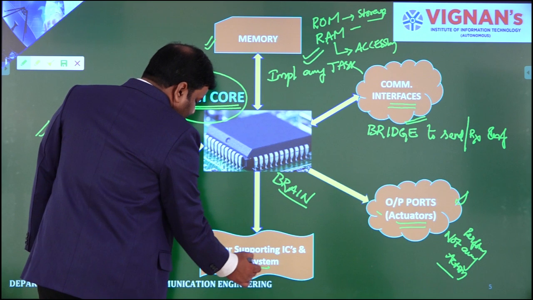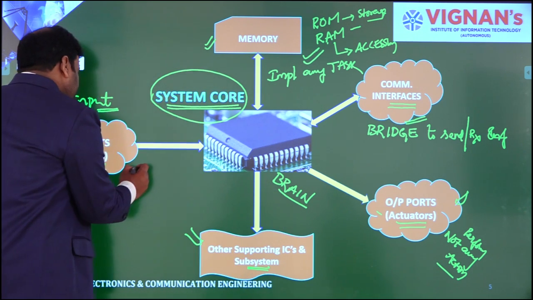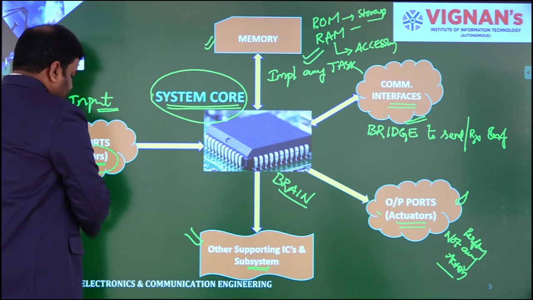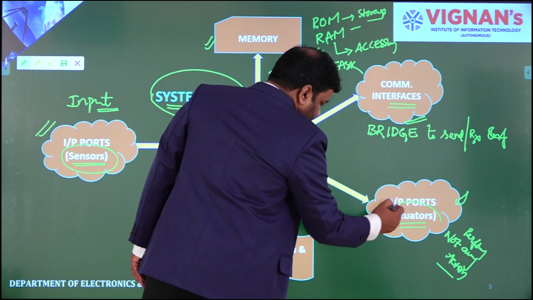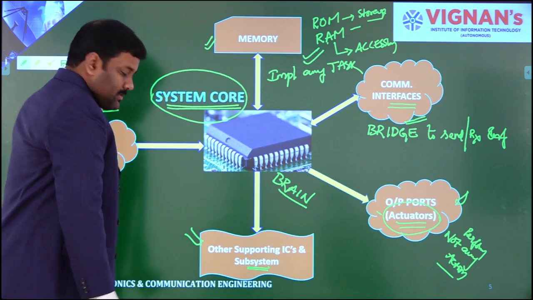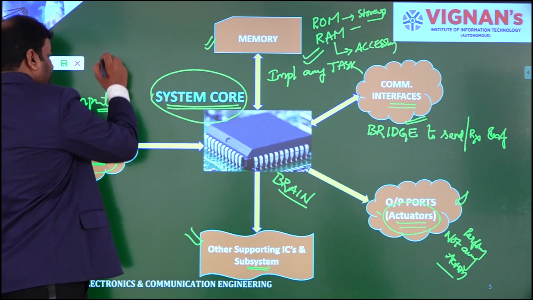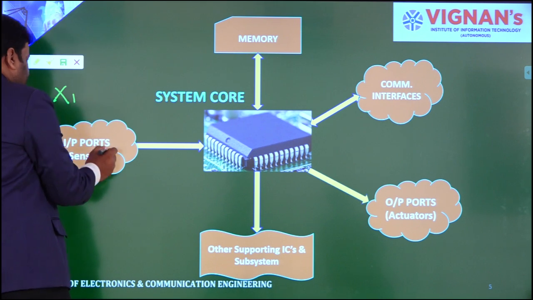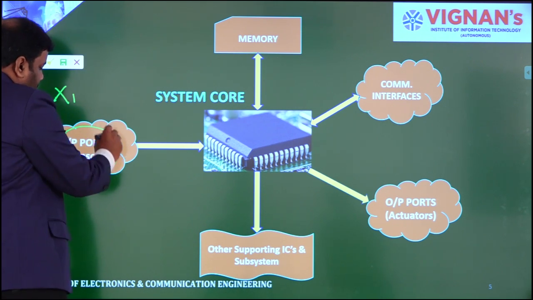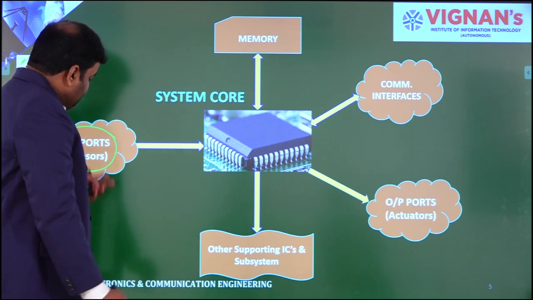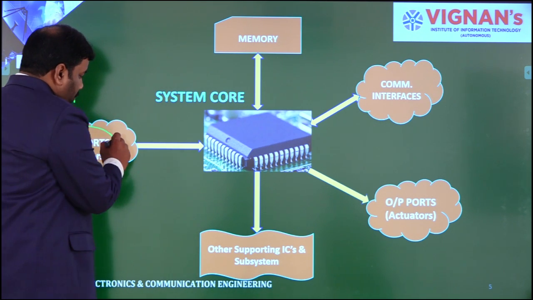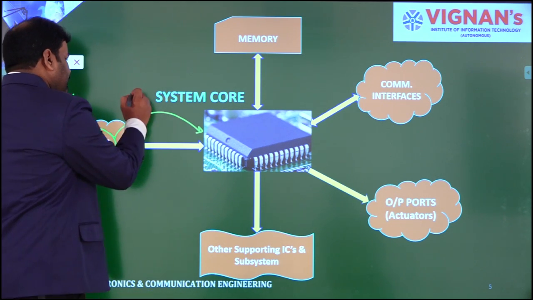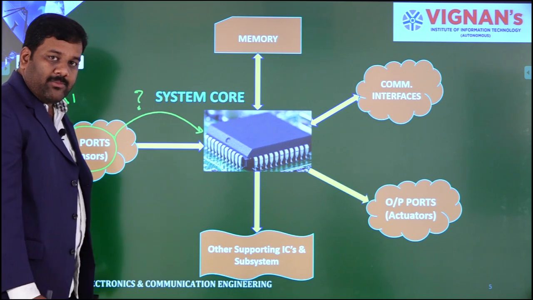So why do we need a subsystem? Whenever we are performing any action between sensors and actuators. For example, I have taken one input for the sensor. Let's say my input is X1. I have given it to the sensor. Then the sensor has to send this X1 input to the core of the system. First question is how it will communicate with the core of the system.